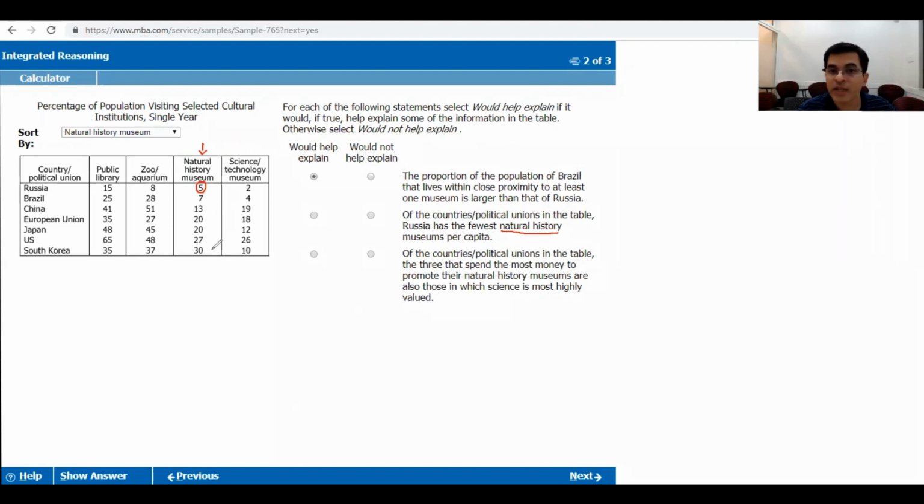For South Korea, it's 30% of South Korea's population visits a natural history museum, 27% US. How come it is so low in Russia is what we might be curious to know. Does this statement explain this to you? What do you think?